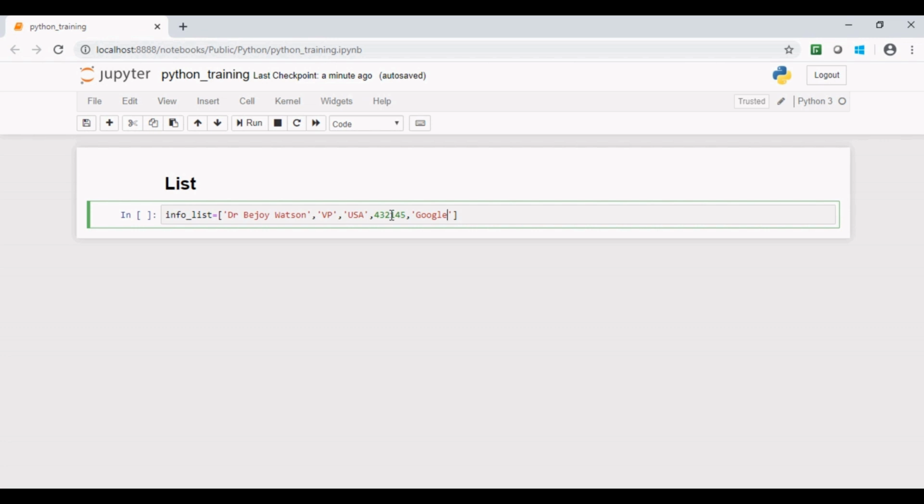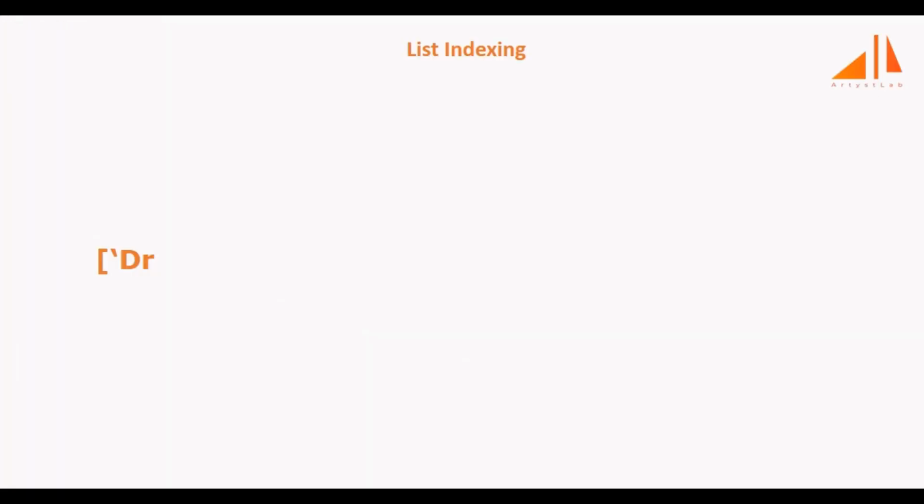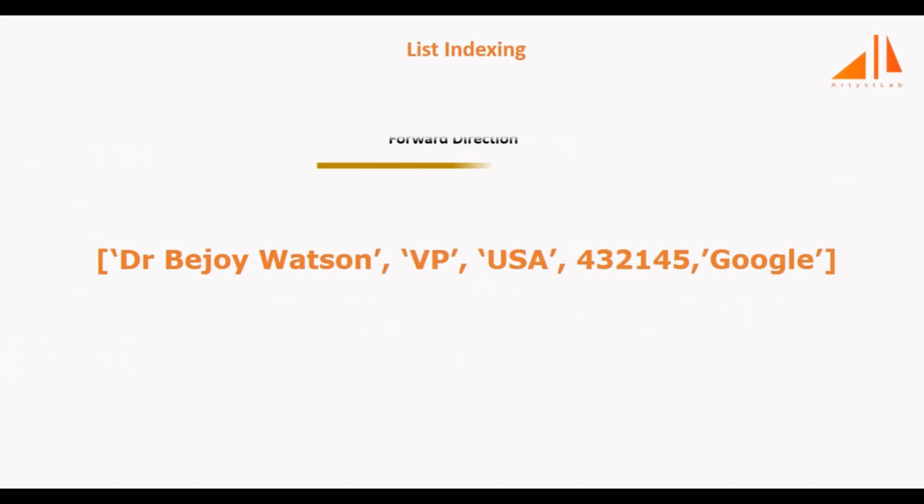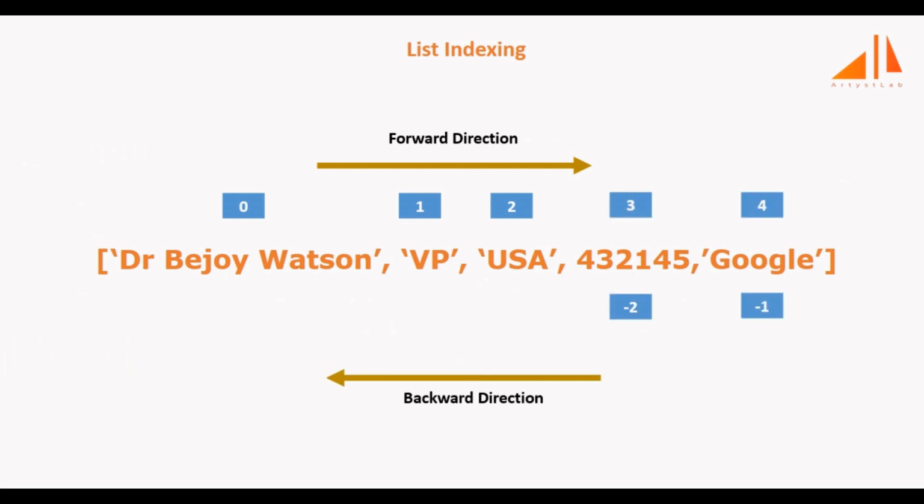Like Python strings, elements of a list can be accessed using their index. Let's write the index of elements of this list. If you remember, we have already done this exercise in Python strings as well. You can index elements of a list from either direction. So we can say accessing list elements in Python is similar to Python strings.